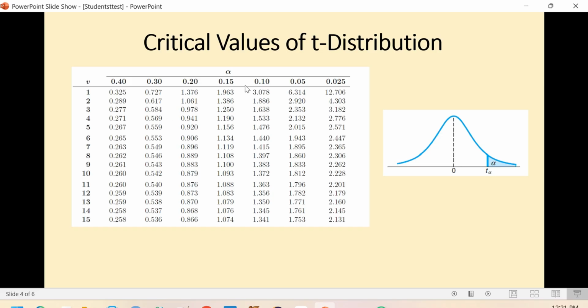For example, alpha 0.05 for 10 degrees of freedom, this value is 1.812. Which means about 95% of the values in this t-distribution will be less than this value, right?